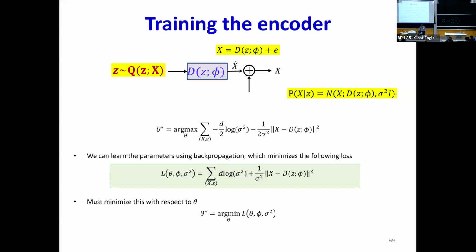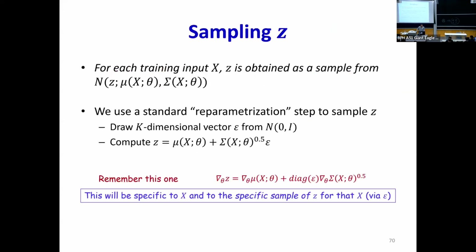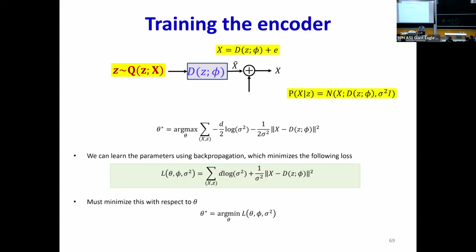And where does z come in? For each training input x, keep in mind, what we really want to minimize is this term on top for all z's that could have been generated from Q. But you don't want to be computing this over all z's.